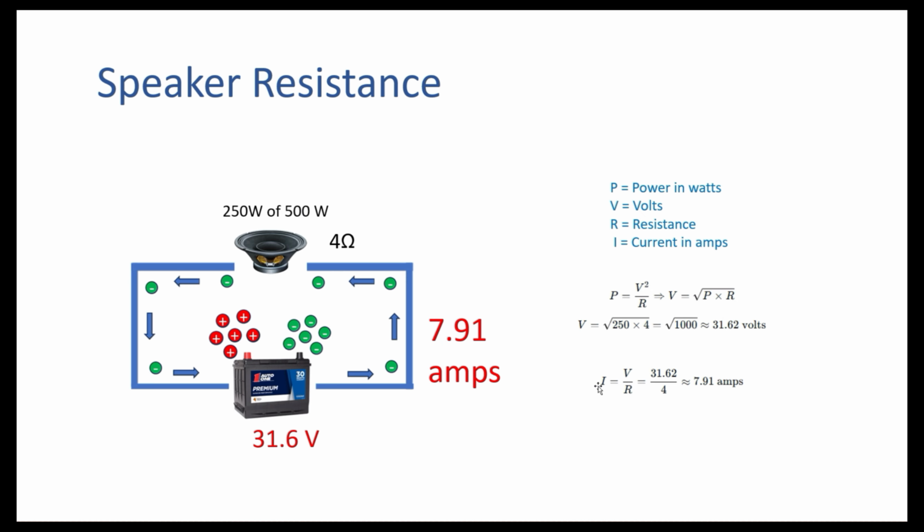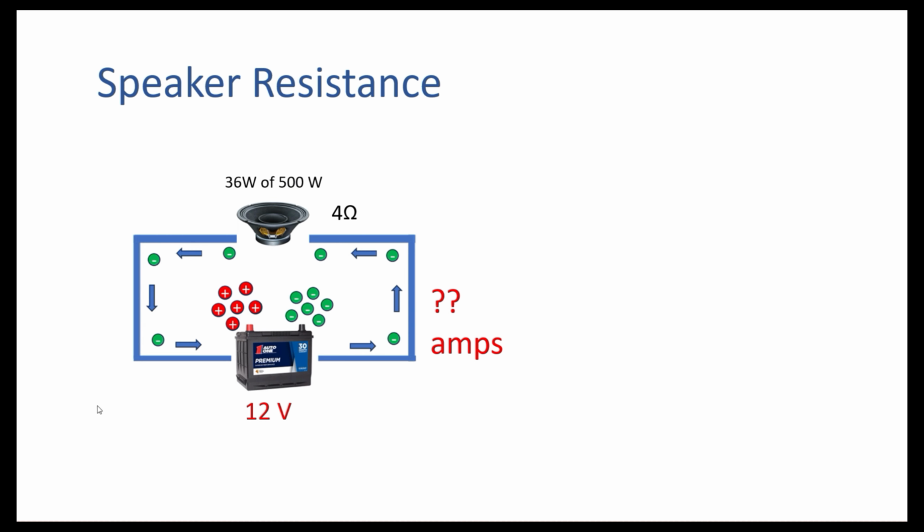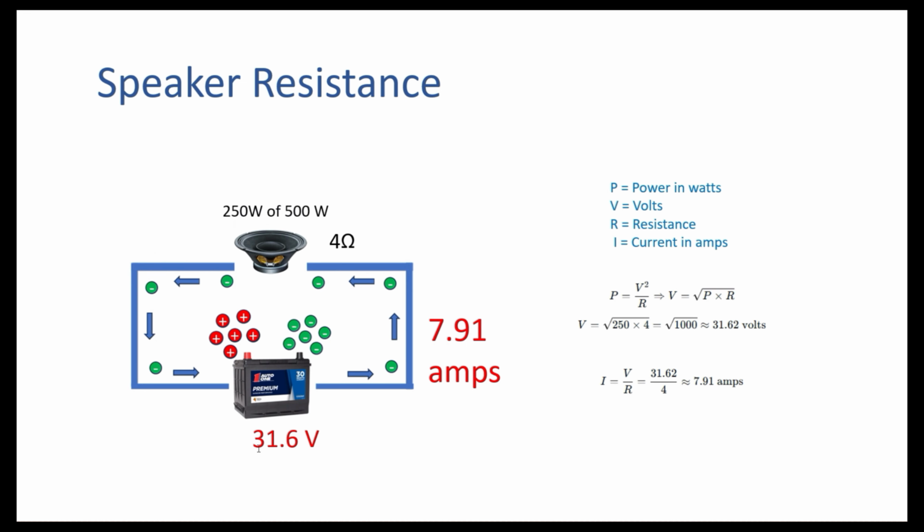Once we have the voltage, we can then work out the number of amps that we need, and that tells us that we need 7.91 amps at 31.6 volts. But hang on one second, how does that work? We've only got a 12 volt battery. How can it supply 31.6 volts?